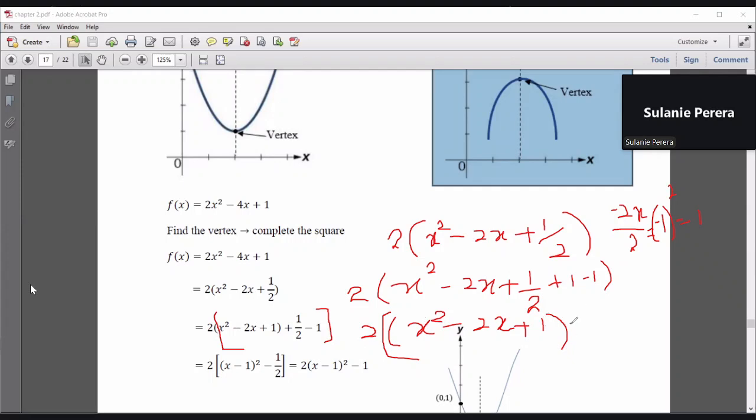That means plus 1 half minus 1. So inside the parentheses we have x squared minus 2x plus 1, and outside we have 1 half minus 1. So now I can write this as a perfect square.